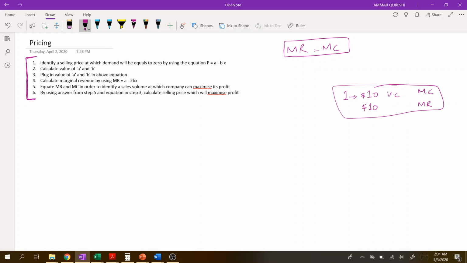So what happens if we produce more? There is a logic behind this. In economics, there is a curve called the marginal cost curve, that is made like this. Initially your variable cost decreases, but with the passage of time, as your production further increases, your marginal cost is going to increase.